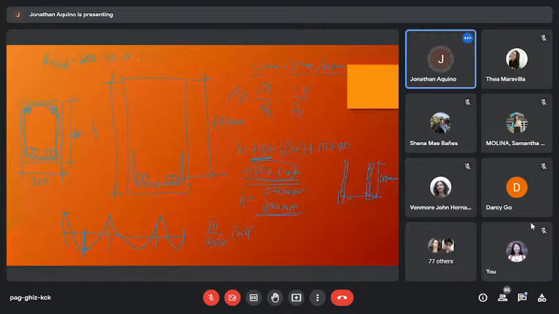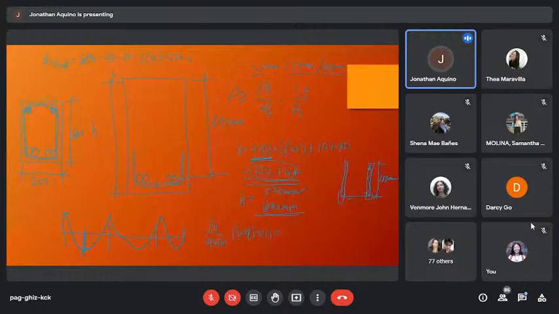So the actual d provided is 600 minus 40 minus 10 minus 0.5 of 25. So the actual d is 537.5.